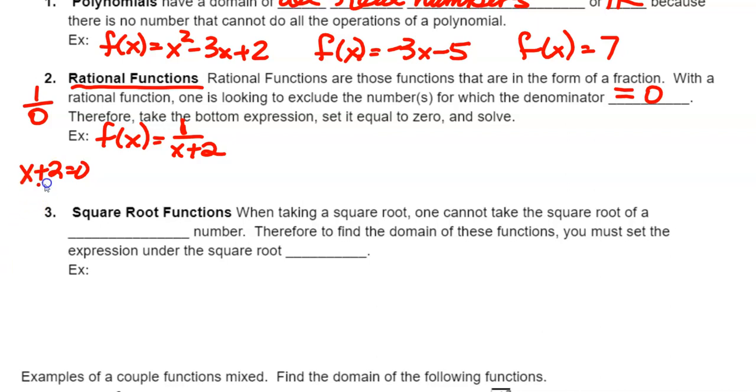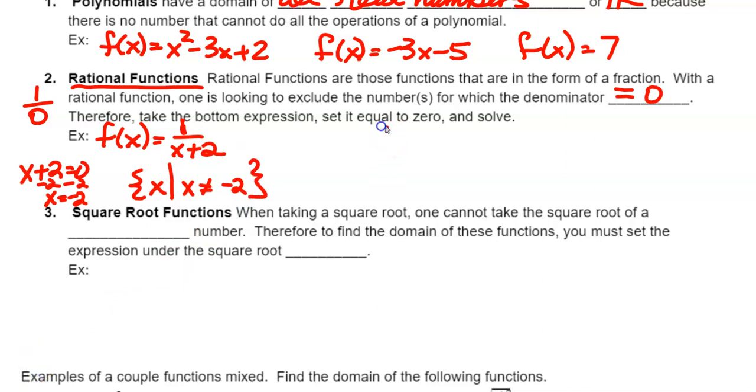So here you could subtract 2 from both sides and get x equals -2. So we need to exclude all values that are -2, or the only value which is -2. So our set or our domain says we want all x such that x is not equal to -2, and that would be a way to represent our domain.